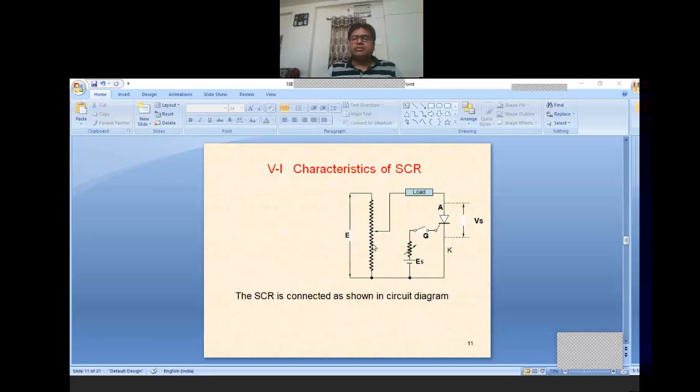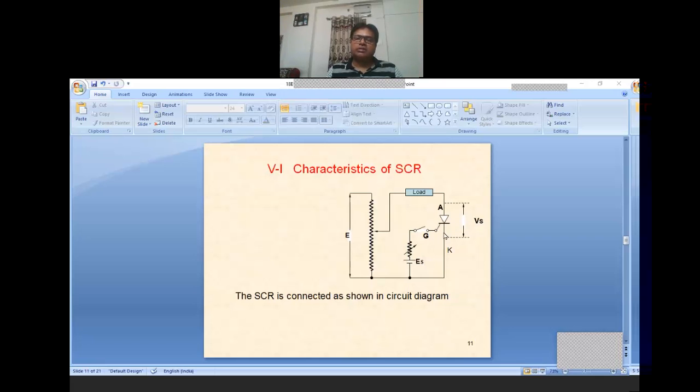As the supply voltage is increased from 0 volts, the voltage applied across the load and SCR will appear across the SCR, as it blocks the total voltage, and there will not be any conduction.